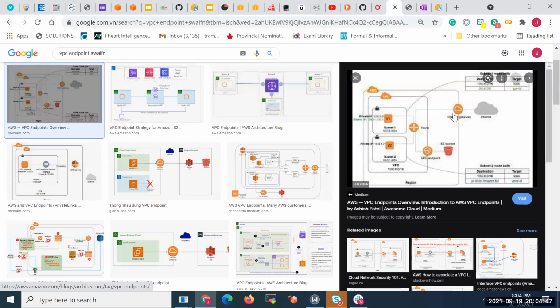This is the symbol of the internet gateway. But when you just want to connect to other services, then you don't need to use the internet gateway or NAT gateway. You just need to use a VPC endpoint. That is the difference between a VPC endpoint versus the internet and NAT gateway. And you can see here different subnets use a VPC endpoint to connect to S3.